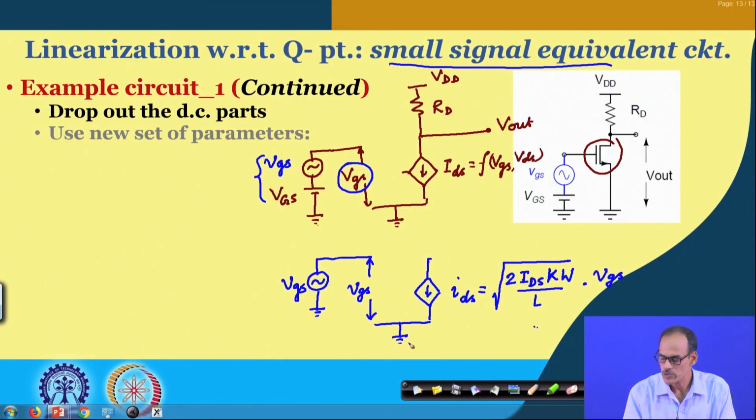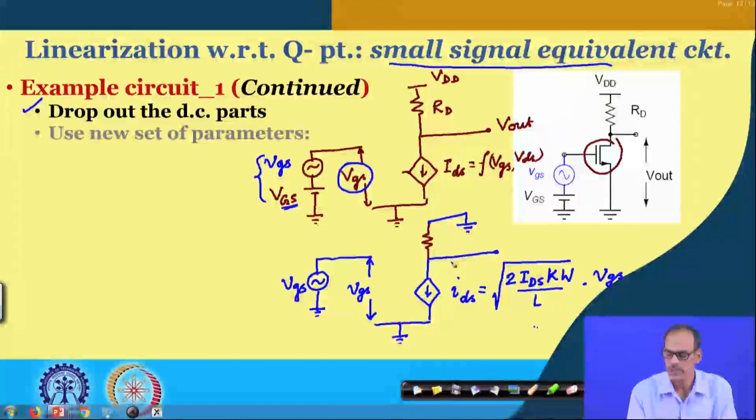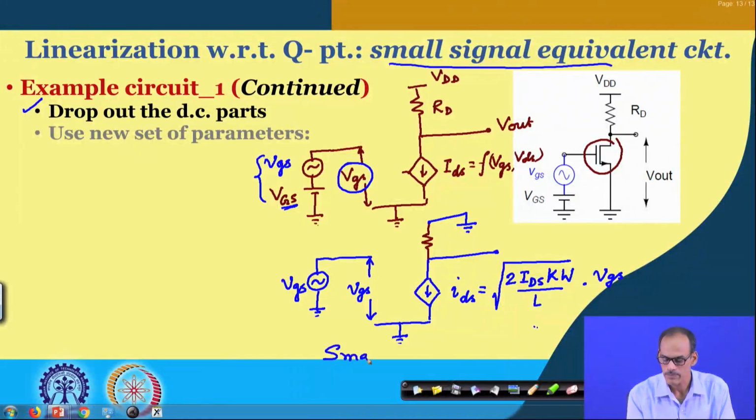and then, of course, we are retaining the resistor, but the other end of the resistor we are connecting to ground, which means that we are dropping the DC part. For the supply we are dropping it, so it is 0, and also this V g s DC part we are removing here. The corresponding circuit we get here is the small signal equivalent circuit.